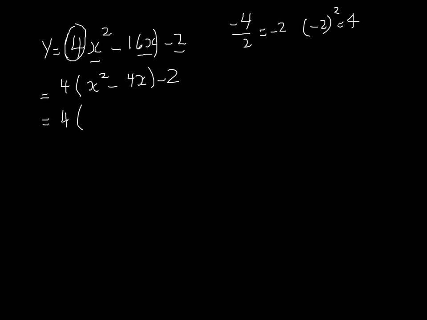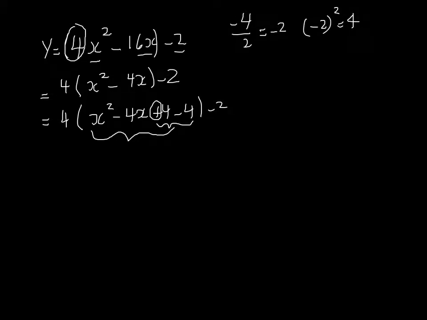Now inside the bracket, add and subtract 4. So we get x squared minus 4x plus 4 minus 4, and then minus 2. Remember, these two terms add up to 0, so we are really doing nothing to the bracket. But now take the first 3 terms, the terms that involve the addition.